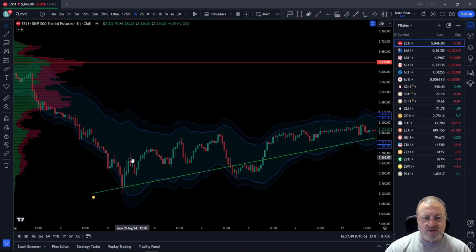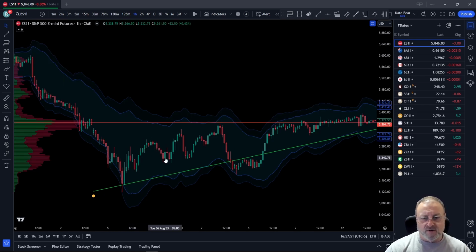You have impulse, correction, impulse, correction, impulse, correction, impulse, right here, correction, impulse, change of trend, right here, lower, oh, we went higher here, we resumed.